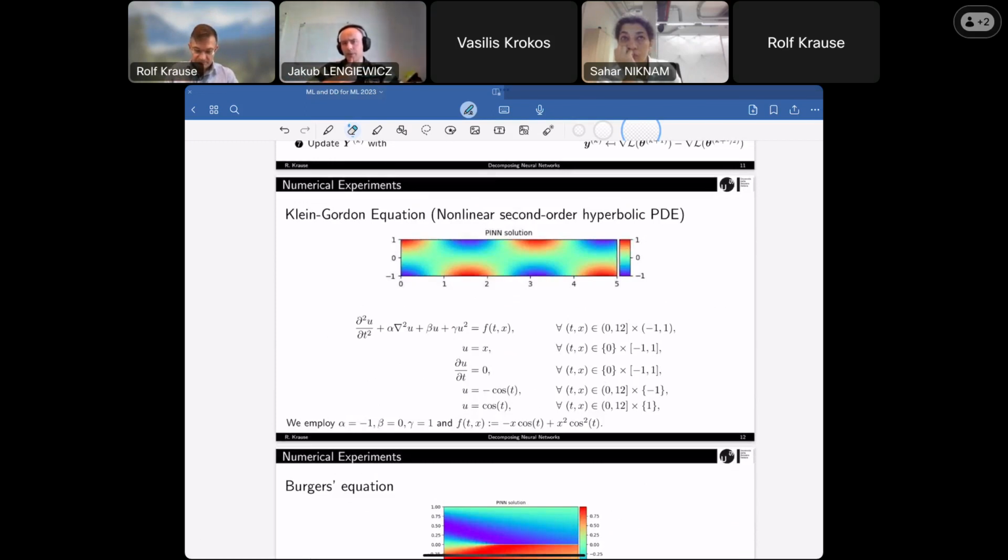But in your residual, you have the gradient with respect to some coordinates, right? The spatial gradients or time gradients, meaning the gradient with respect to the inputs to your neural network. And now the question is, how do you evaluate those gradients in your approach? You should use AD, yeah.